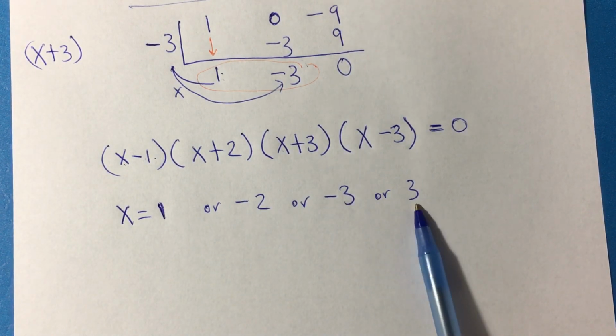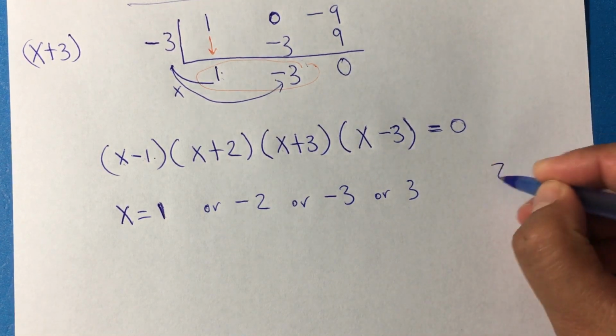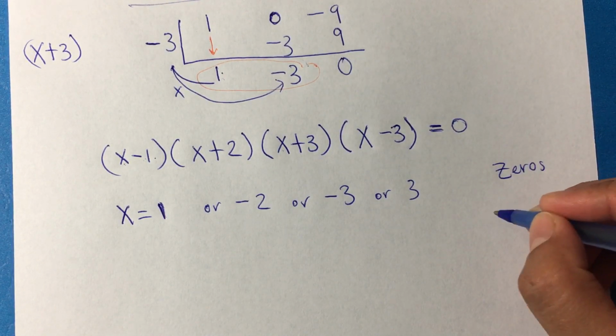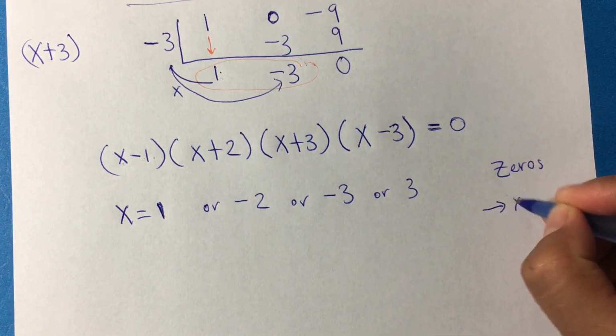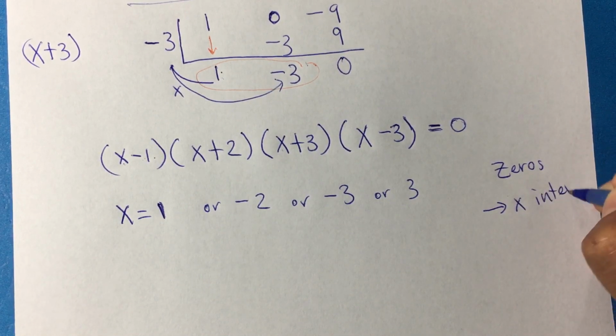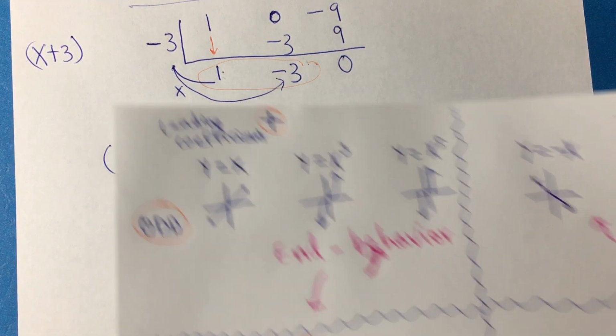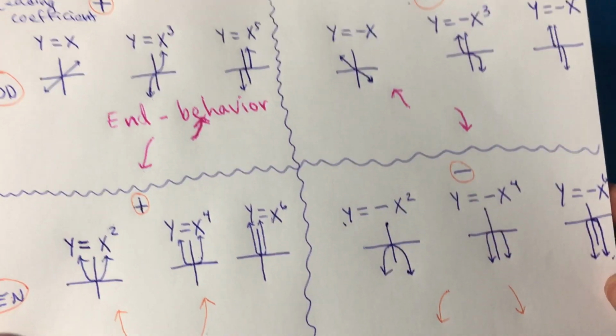These are the zeros. And basically what we just found with that is our x-intercepts. By finding the zeros, you're finding the x-intercepts. And we'll be doing a rough draft of the sketch of this one using the end behavior.